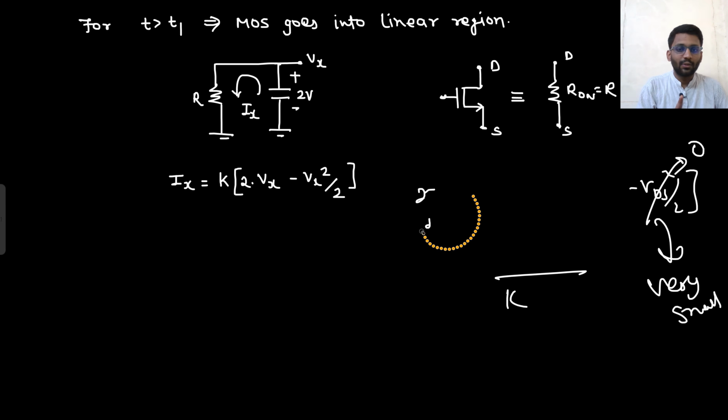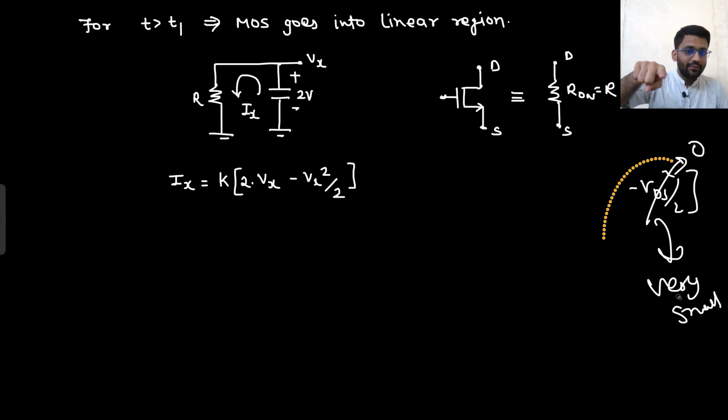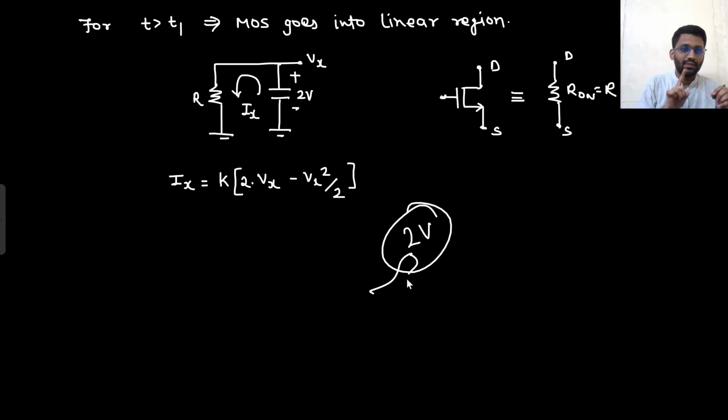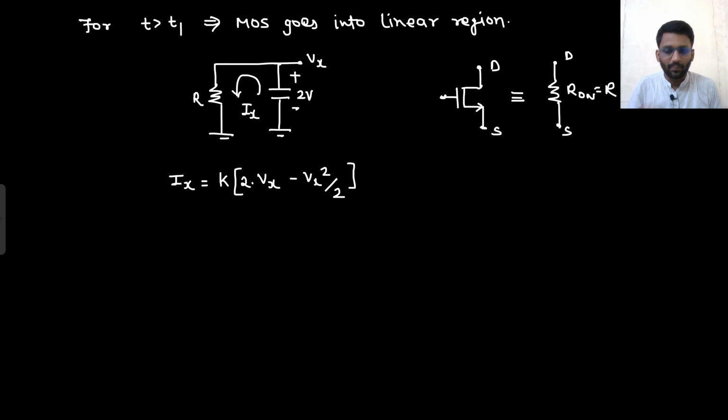So here, my Vx voltage will go down from 2 to 0 volt exponentially, but it will not be perfectly exponential. Why? Because initially the VDS value is 2 volt, which is not very low. It will certainly go down, but not perfectly exponentially. So now you can draw the graphs of both Ix and Vx.